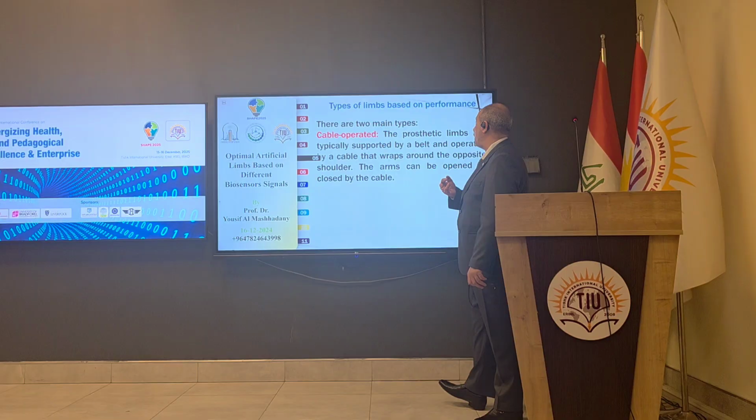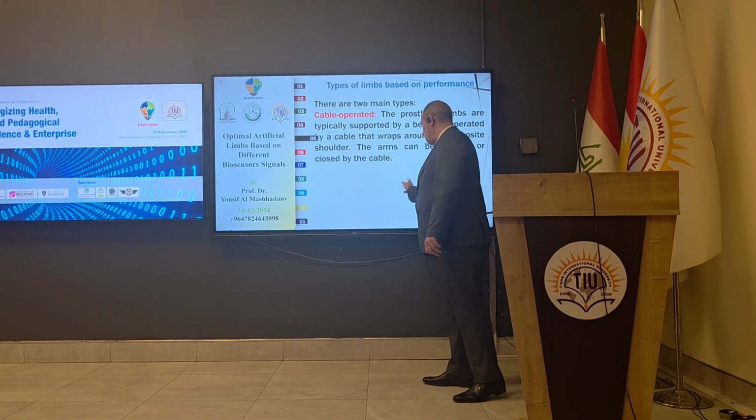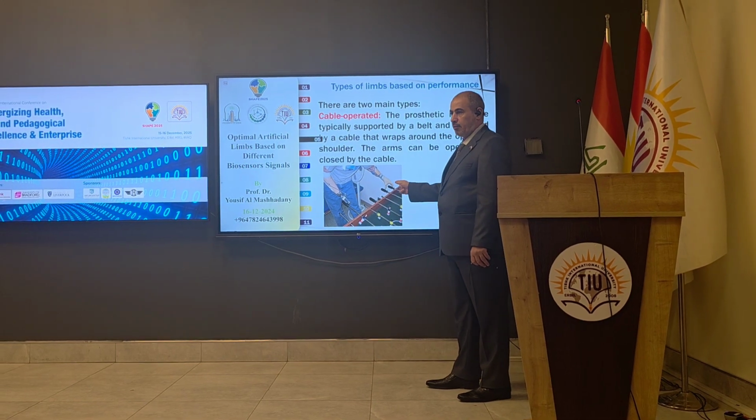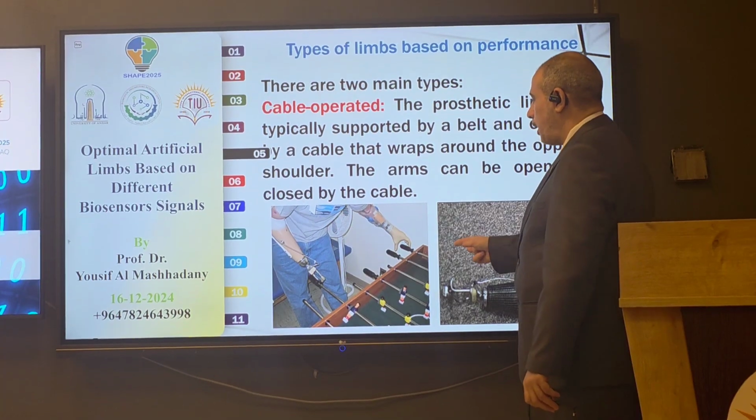get two categories of limbs. Cable operating, that means cable for mechanical limbs. These are two types of mechanical limbs.